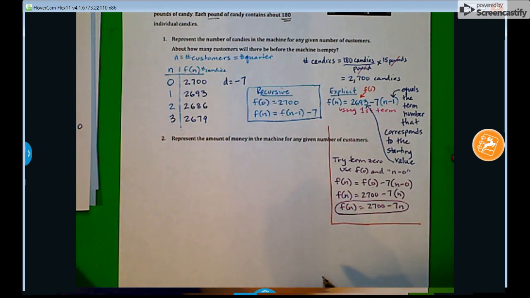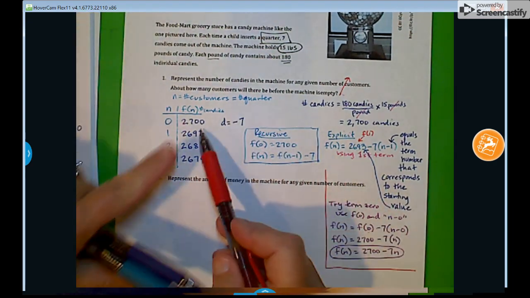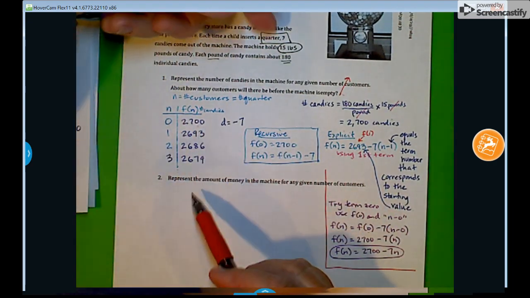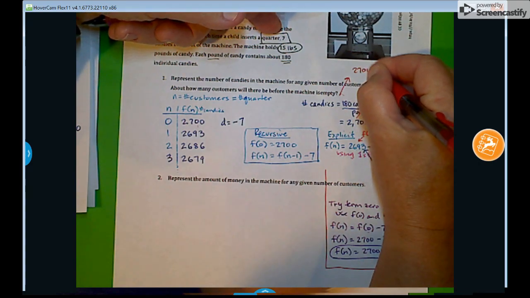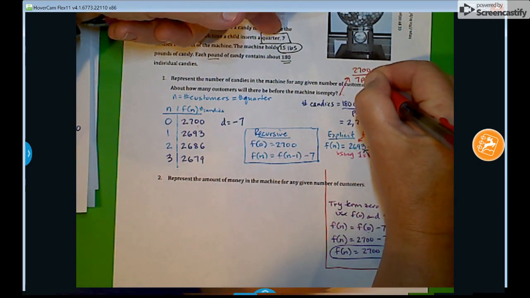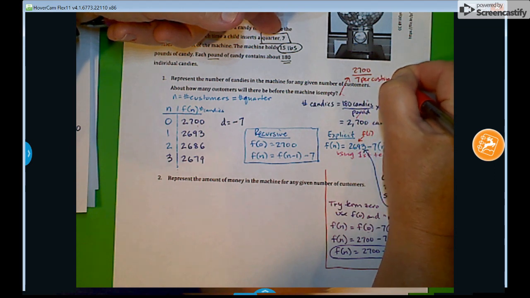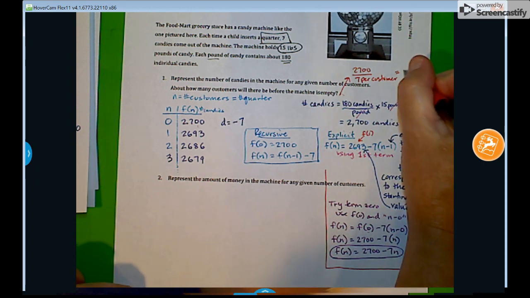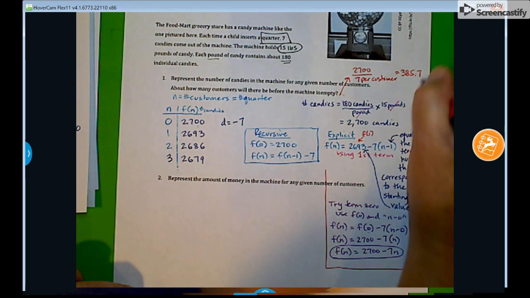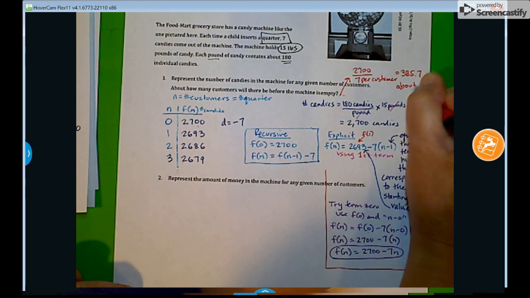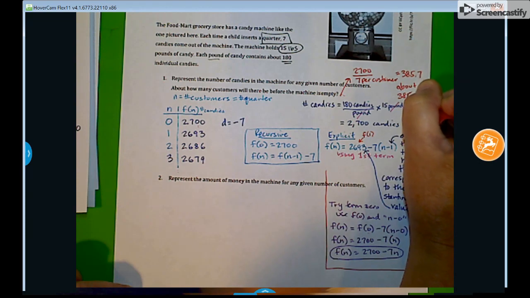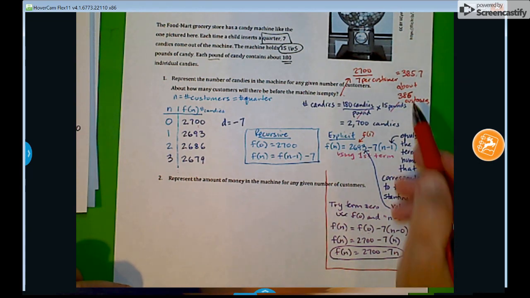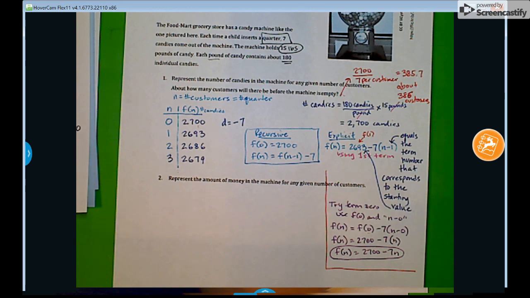The simplest way to get that would be 2,700 candies divided by 7 per person. 2,700 divided by 7 is 385.7, so about 385 customers. Actually, 386 I'm going to make it, except the last customer doesn't get a full batch of candy.